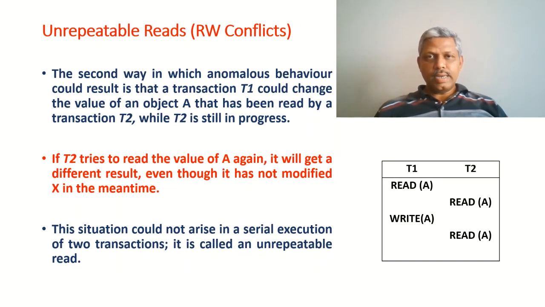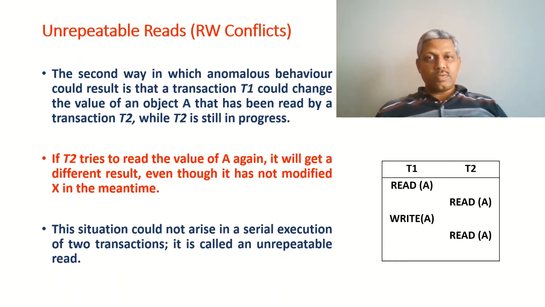The second anomaly that may creep in is the read-write conflict, where a transaction reads something which is then written by another transaction, and let us see how this will lead to inconsistency in the database operations. Let us say an example. There are two transactions, T1 and T2.